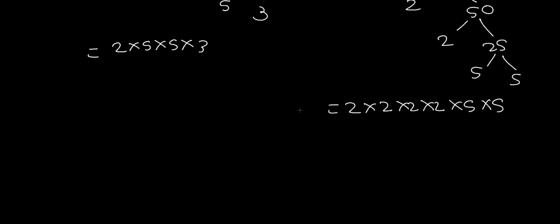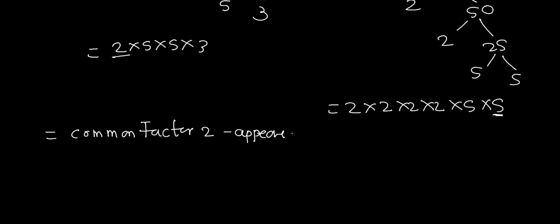So as we can see here, 2 and 5 are the common factors. Now we have to find out their occurrences at minimum in each of these products. Common factor 2 appears a minimum of 1 time in the product of 150.